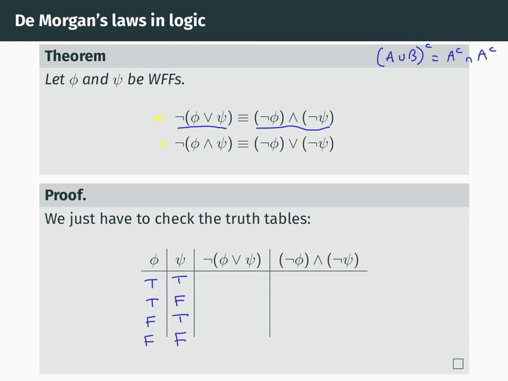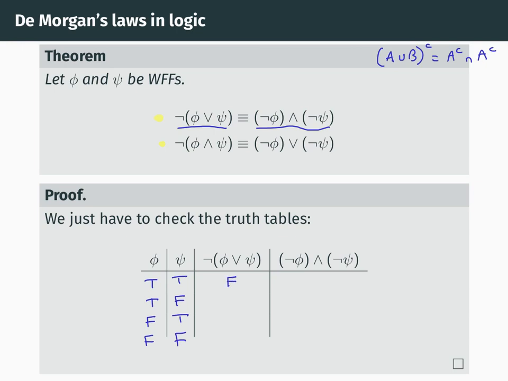So we're going to think one row of this truth table at a time. What truth value do we get for these two formulas heading the right-hand columns of my truth table? So we'll suppose first of all that we have a truth assignment which gives both phi and psi the value true. Well, in that case, phi or psi is true, so the negation of phi or psi will be given the value false.